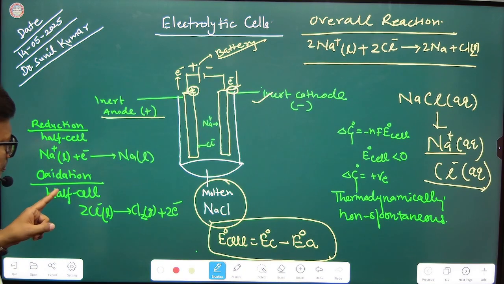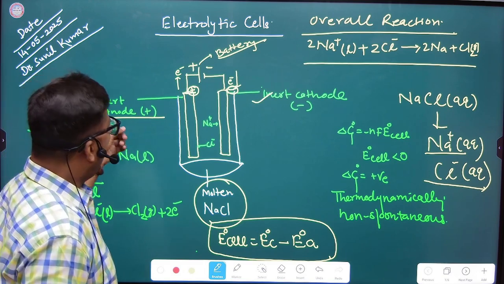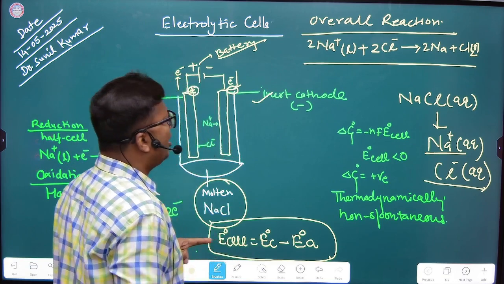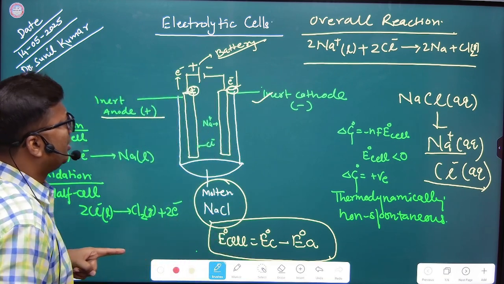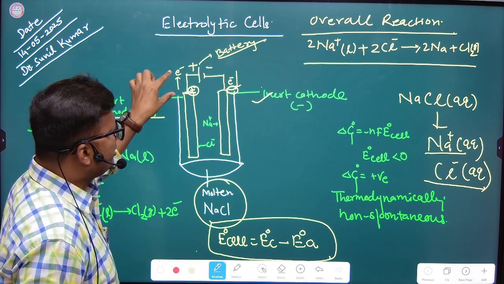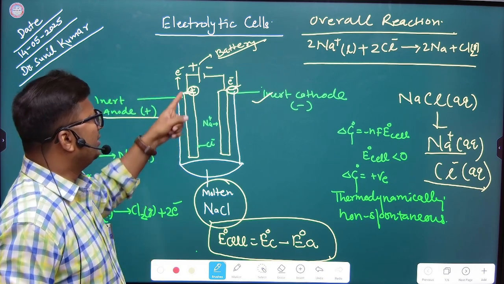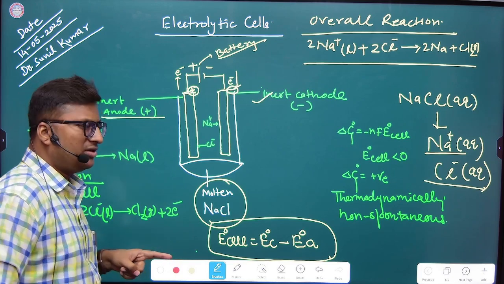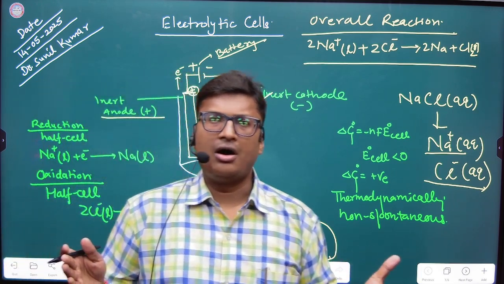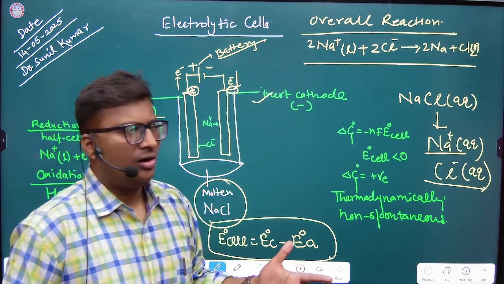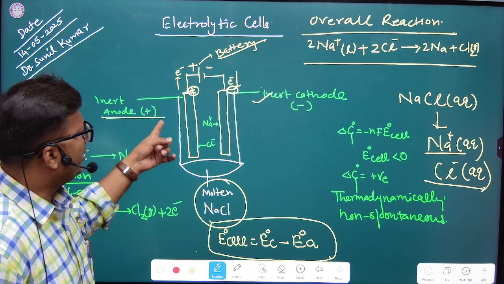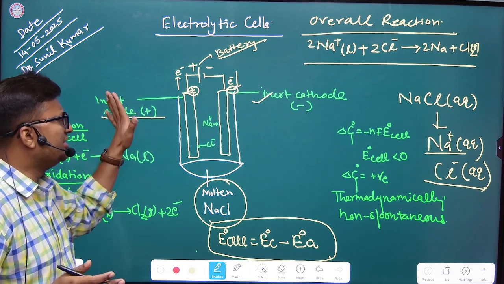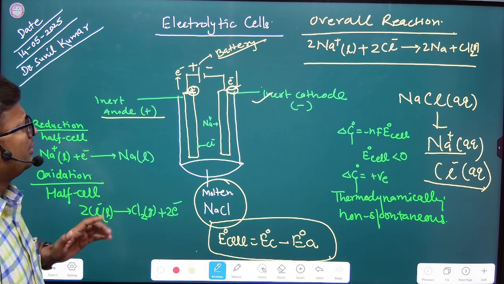It means there is an anode positively charged while cathode is negatively charged. Now what happens? Once the electricity is provided, one electrode gets negatively charged, meaning it has a high amount of electrons on the surface, and another electrode is positively charged, so it has a deficiency of electrons.